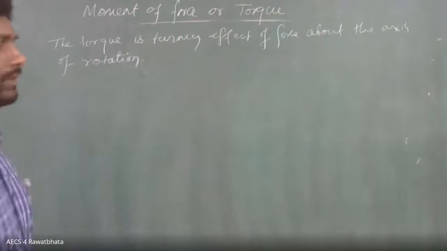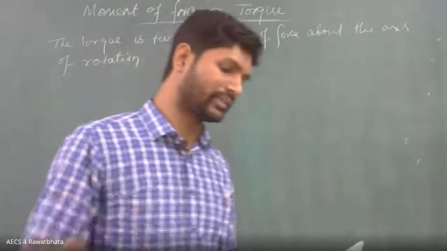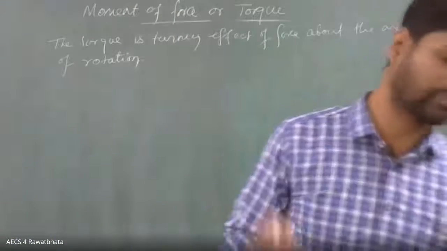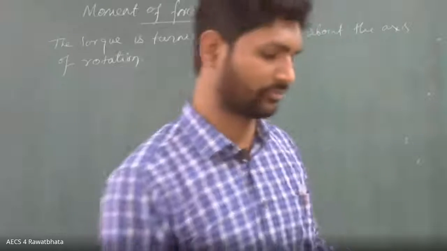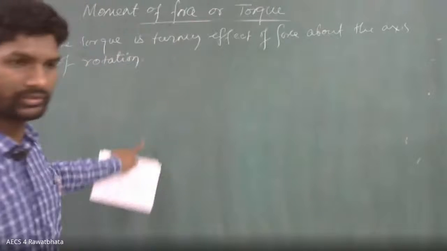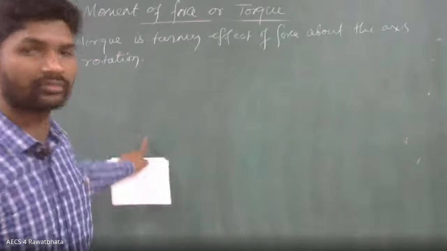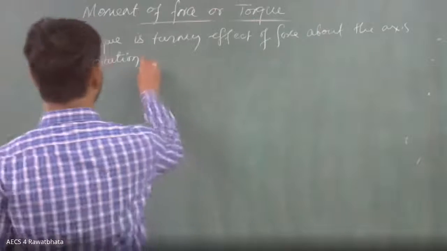Now, how do we define this torque mathematically? That is given in this statement. It is measured as the product of the force and the perpendicular distance between the line of action of the force and the axis of rotation. So, whatever two things were just discussed, the product of both of them is what is called your torque. That is how the torque is defined.